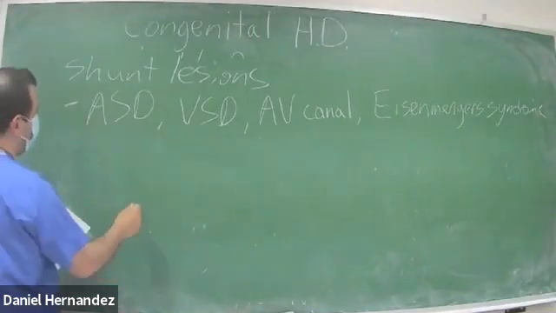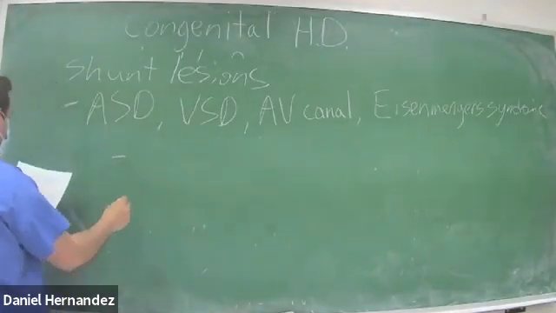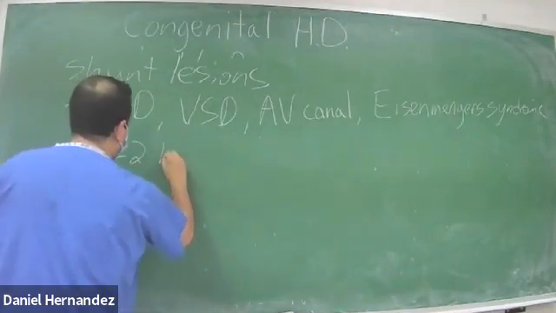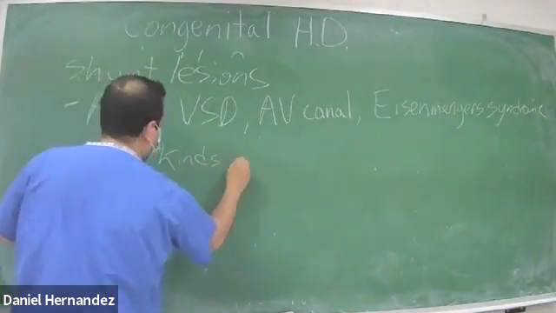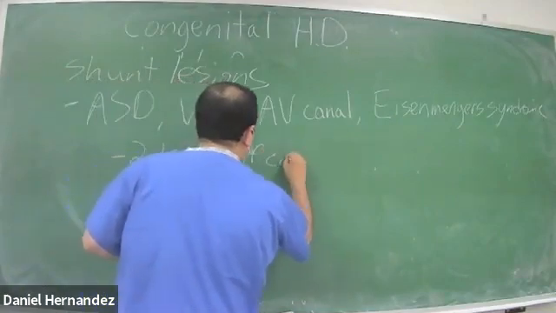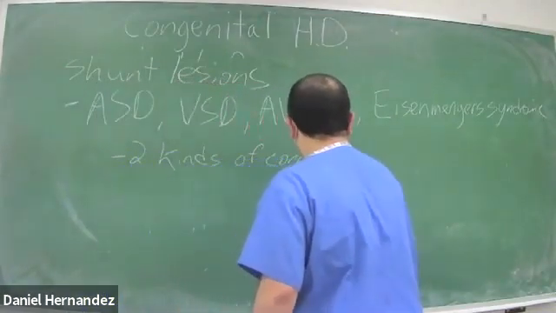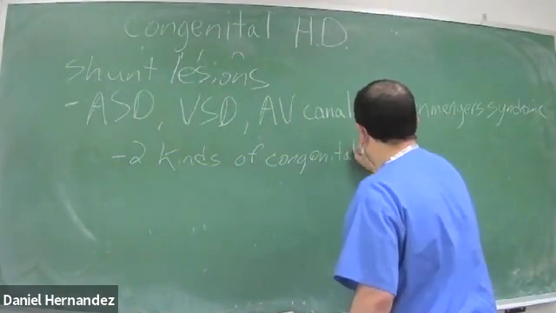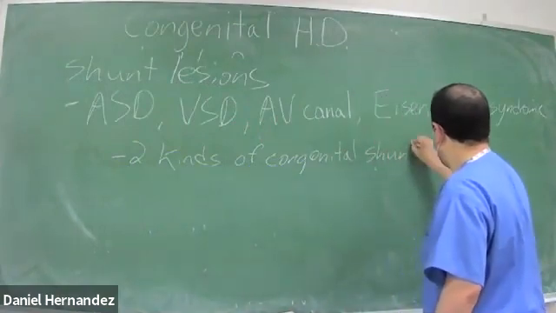So under our shunt lesions, there are two kinds of congenital shunt lesions.